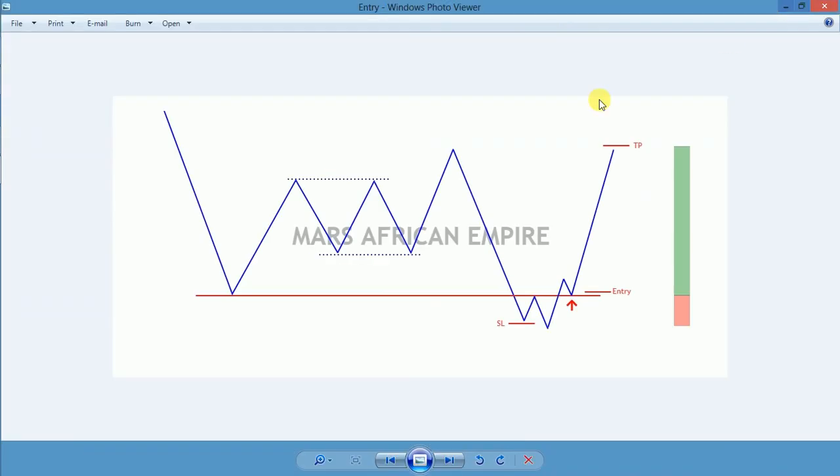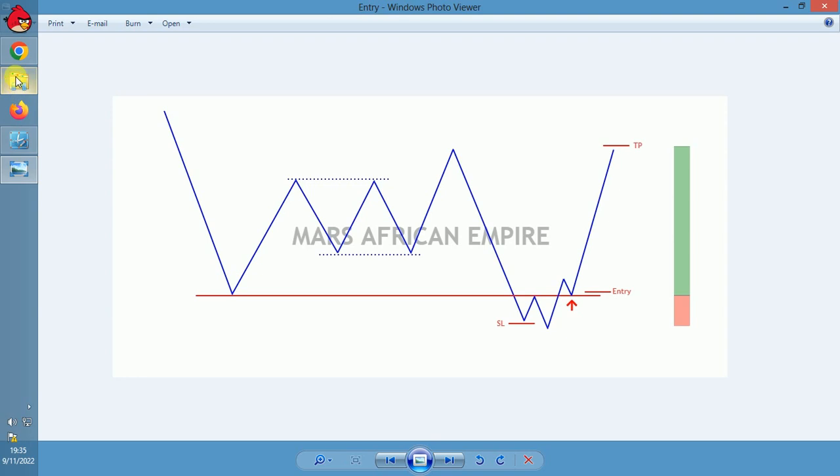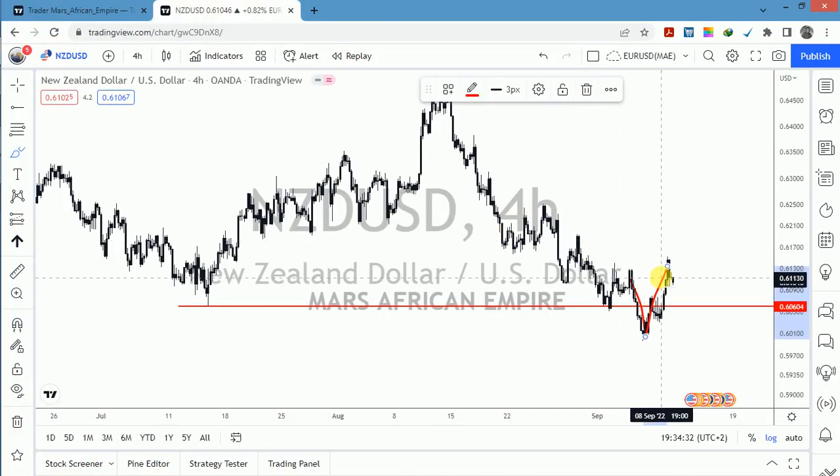This is whereby I was trying to illustrate how the market would use that breakout as a liquidity to grab traders there, and then from there it will go inside that zone and continue to go in the direction that was anticipated initially. So we are hoping that this NZDUSD is going to follow the same path.